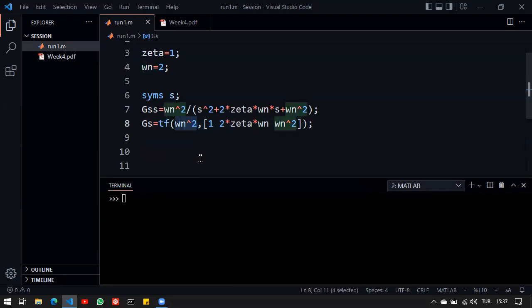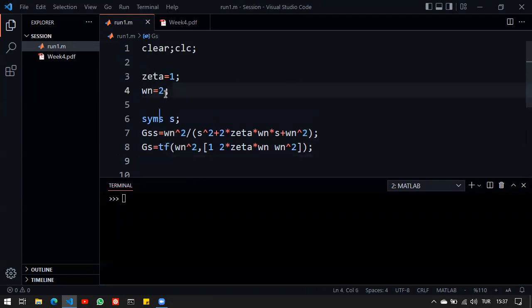Now I've added this omega n squared because if you plug in s equals 0 here, for example, you can immediately see that the gain will be equal to 1. So if I apply a step input to this transfer function and look at the step response, I'll get a gain of 1. If I'm using a unit step, then the output should settle down to 1. That's important to know, because if that's not the case, then the gain would be 1 divided by omega n squared, for example, if the numerator here is equal to 1.